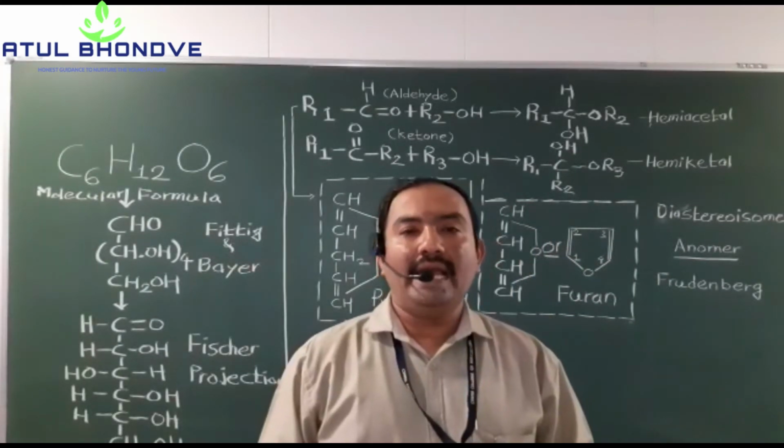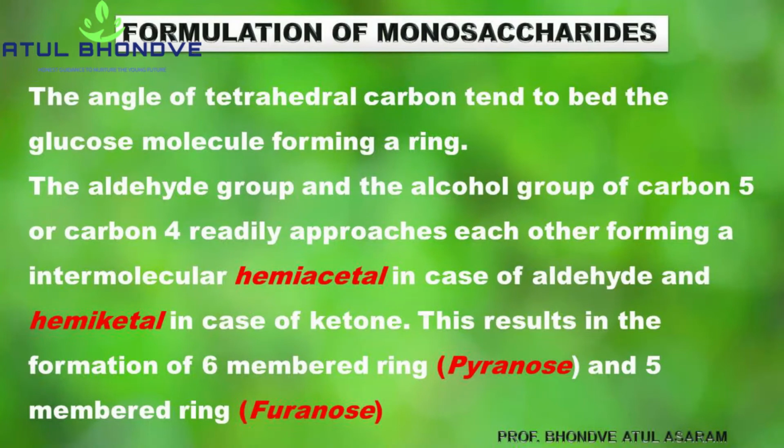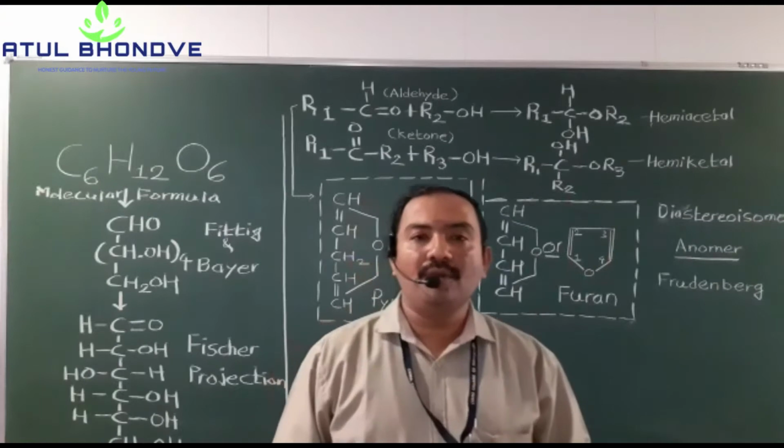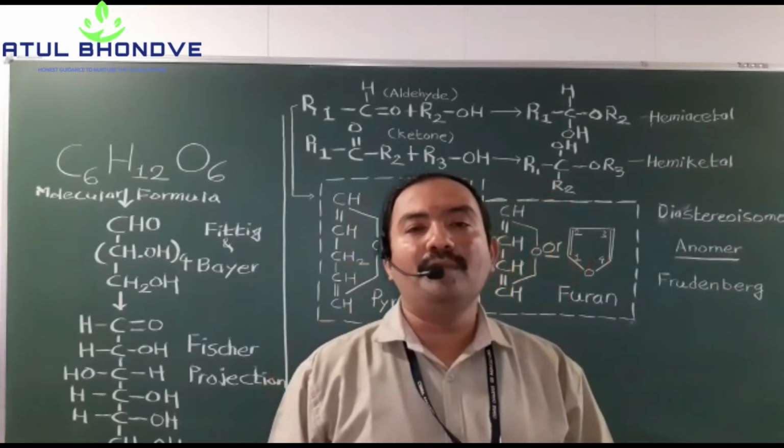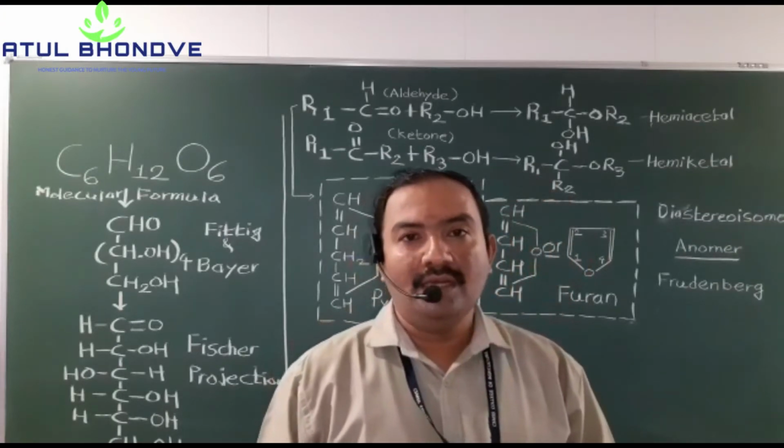Students, the angle of the tetrahedral carbon atom tends to bend the chain structure to form a ring. The aldehyde group present at carbon number 1 or ketone group present at carbon number 2 and the alcoholic OH group present at carbon number 4 or carbon number 5 are responsible for interconversion and for forming the ring-like structure.